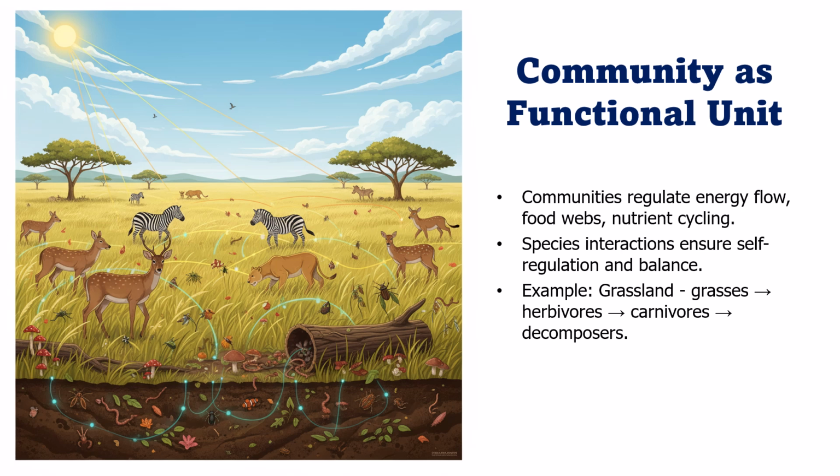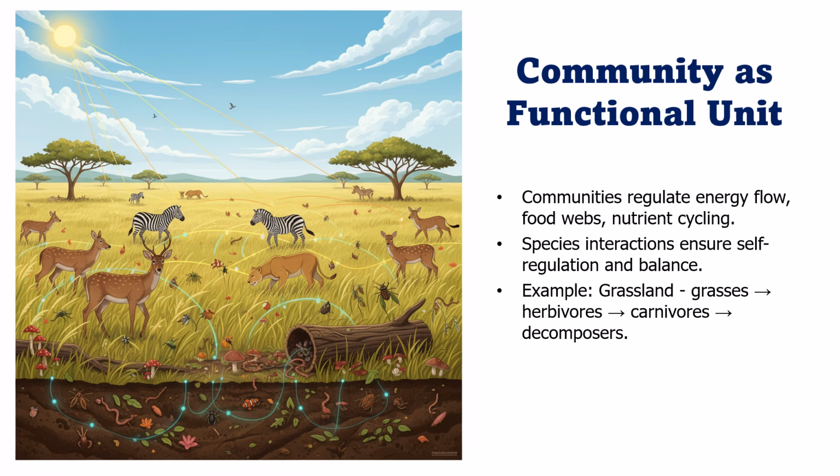Energy flows through food chains and webs, nutrients are recycled by decomposers, and organisms regulate one another's populations. For example, in grasslands, producers such as grasses support herbivores like deer, which in turn feed carnivores such as lions. Decomposers recycle organic matter, maintaining soil fertility.